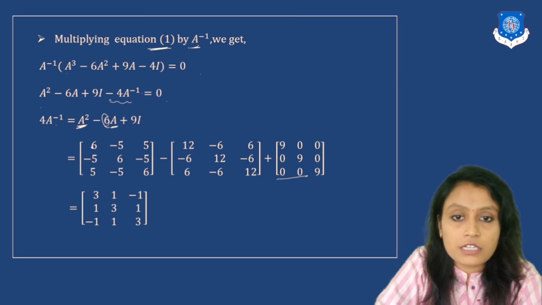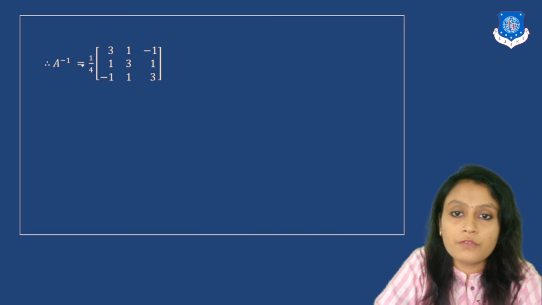So here first term, that is 6 minus 12 plus 9, so you will get here 3, then minus 5, then here plus 6 and plus 0, so you will get here plus 1. Okay, so similarly we have to solve for each and every term, so you will get the answer of 4A inverse as this, but we have to find A inverse. Okay, so A inverse is equal to 1 upon 4 and this matrix, right?